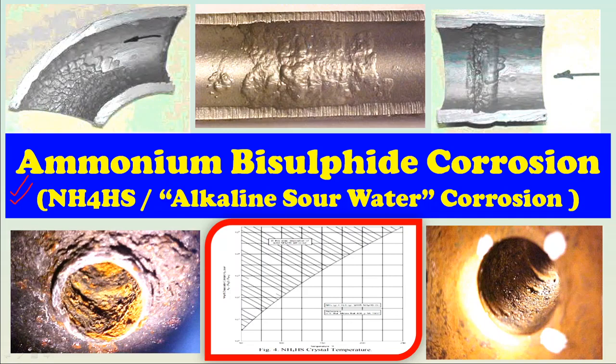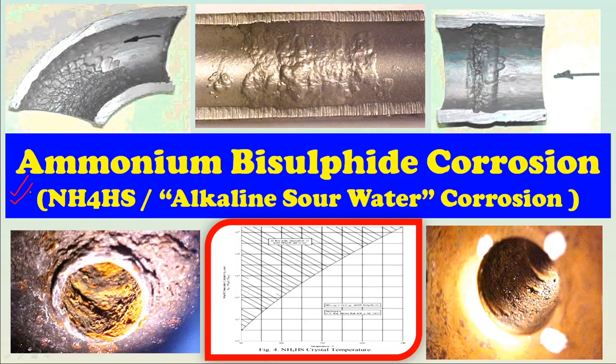We are in the learning of various corrosion mechanisms. So today we are taking a very important and frequently seen corrosion mechanism, that is ammonium bisulfide corrosion, which is also called alkaline sour water corrosion.